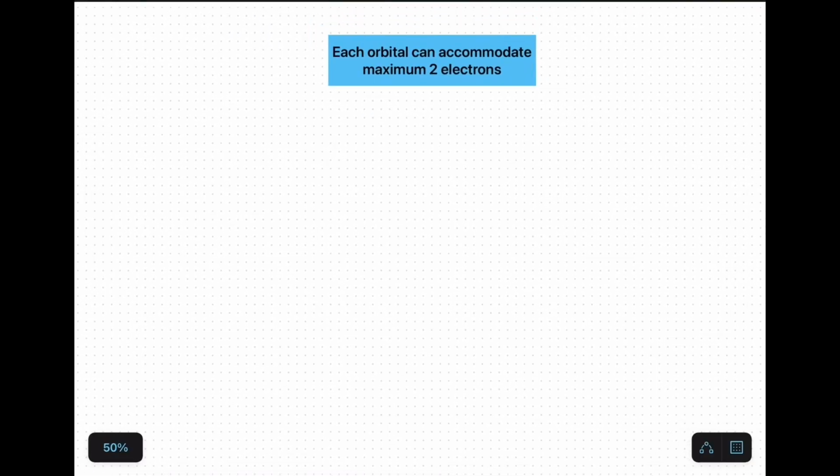Now let me tell you how many orbitals there will be in each subcell. For that you first have to know that each orbital can hold a maximum of 2 electrons.